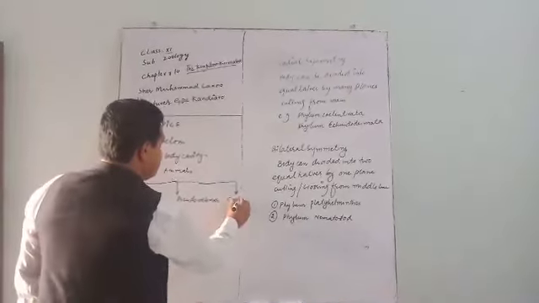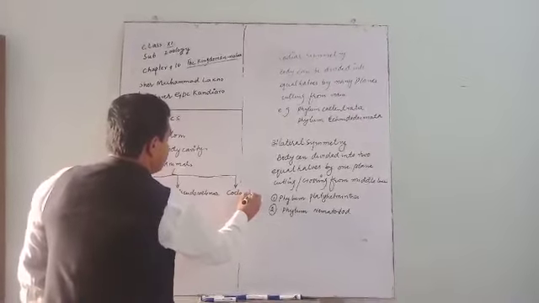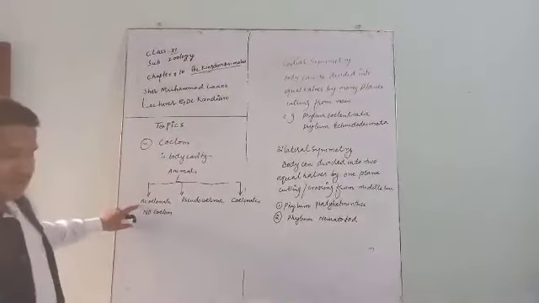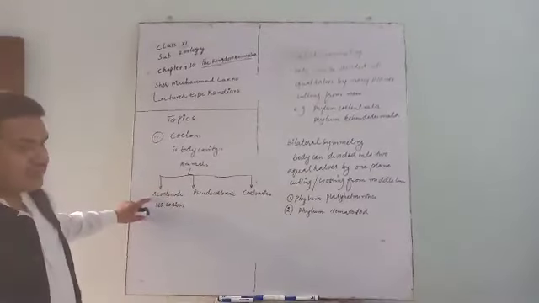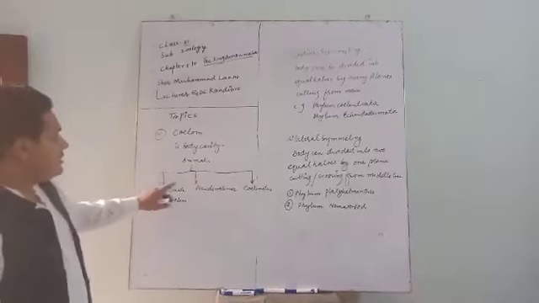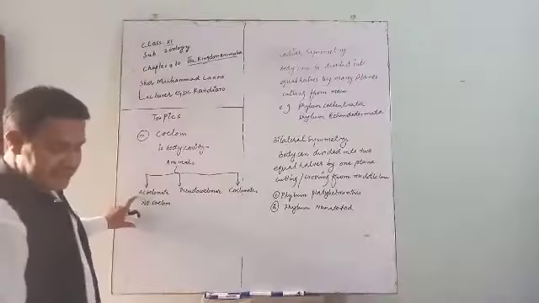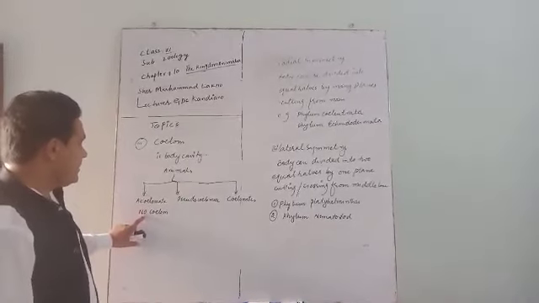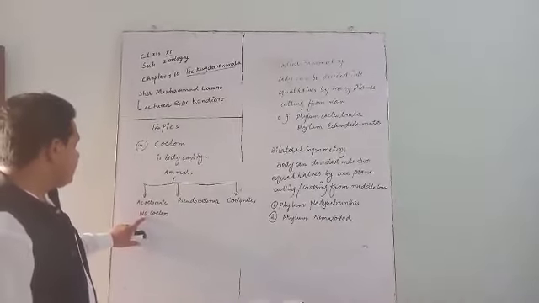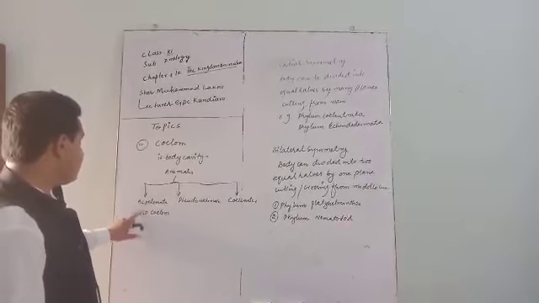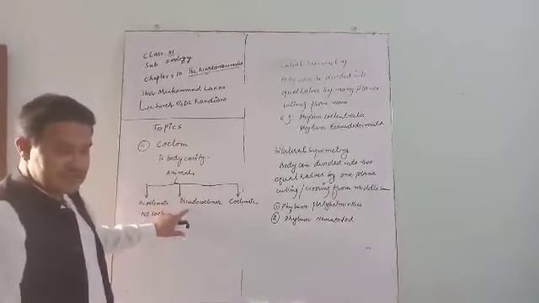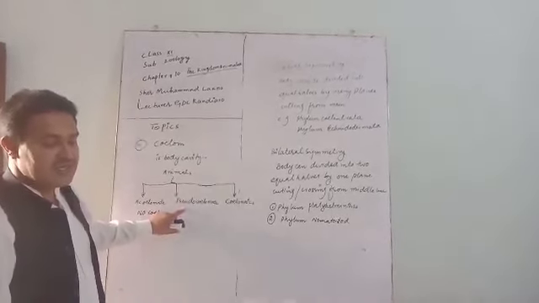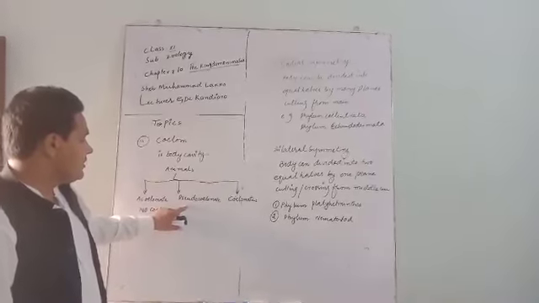Then we have coelomates. Examples of acoelomate animals are phylum Porifera, phylum Cnidaria, and phylum Platyhelminthes. Pseudocoelomates have a body cavity but not a true body cavity.